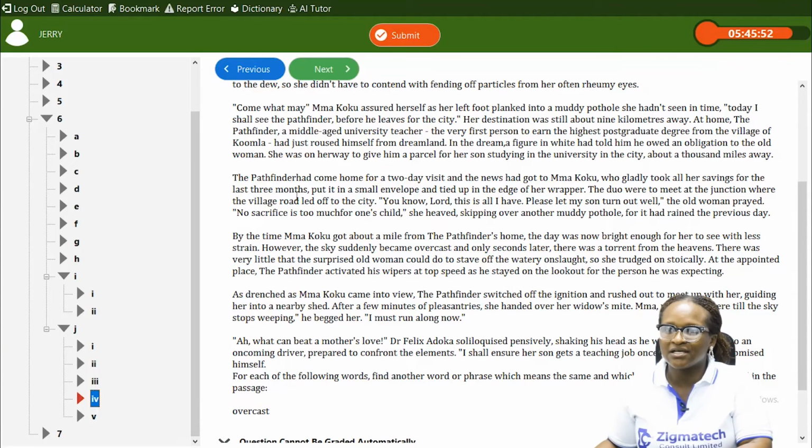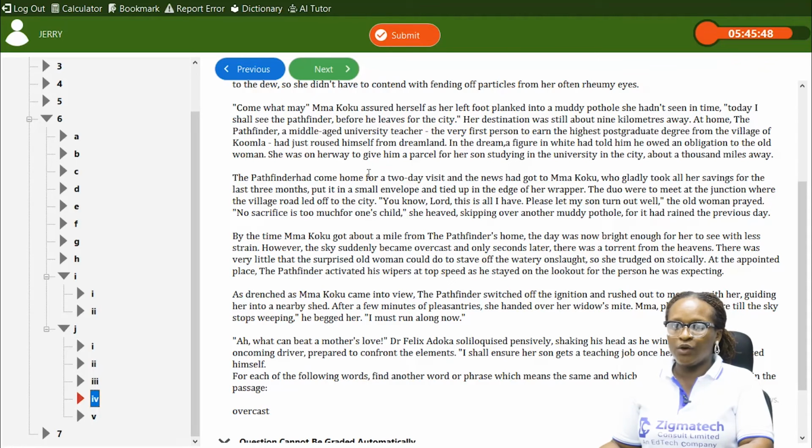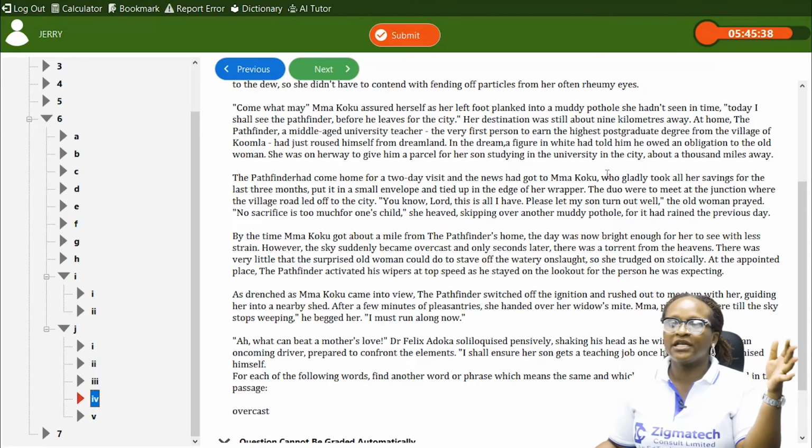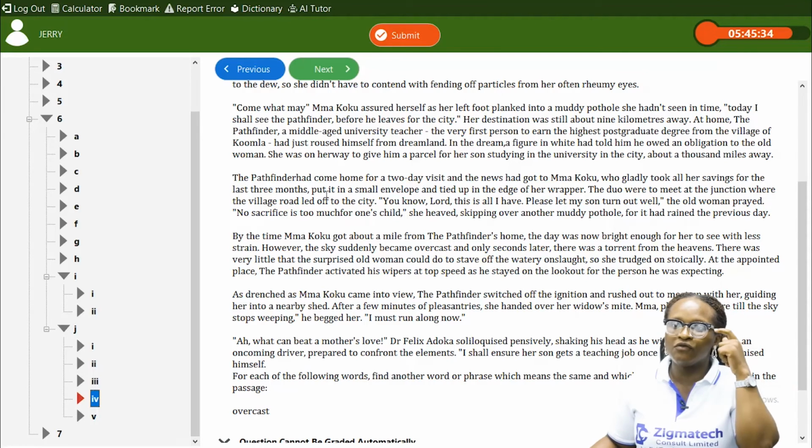So overcast. Let's look for overcast. All right, that's another word. Overcast, the pathfinder. All right, where did we get ominous? Ominous, we got it. An obligation, okay. So immediately after obligation, I think they are taking it step by step. So let me check overcast under the next part, for the next paragraph.